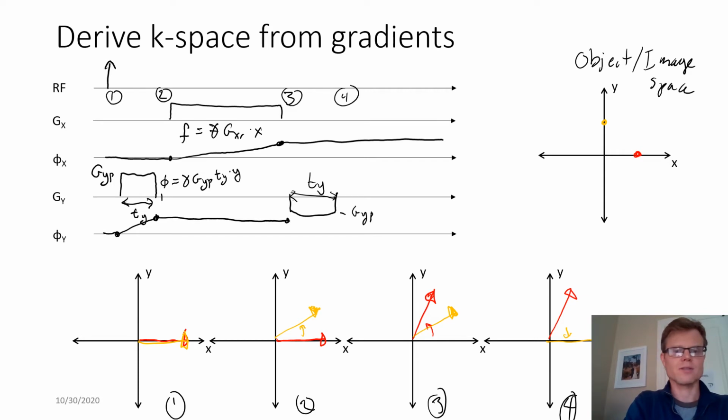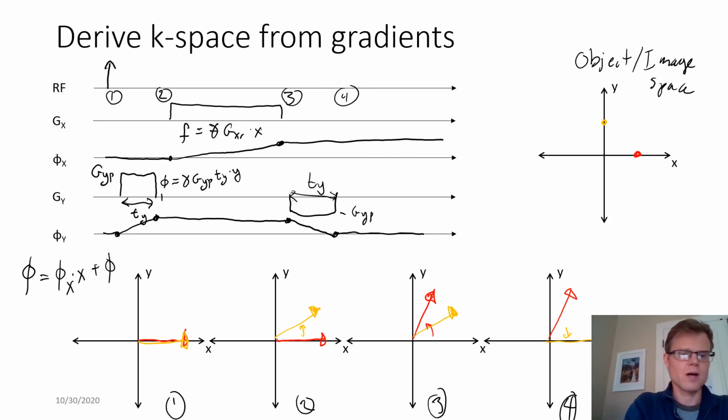It's not going to change by the x gradient because there's no effect in y position. So the overall relationship for the phase of any spin is phi x times the position in x plus phi y times the position in y. And this is what we're seeing in the plot below.